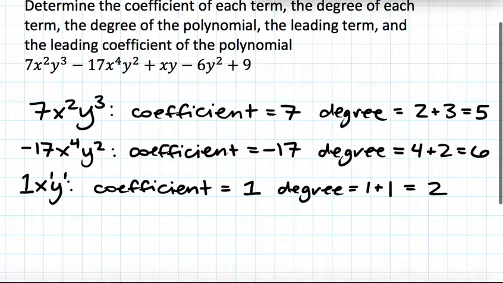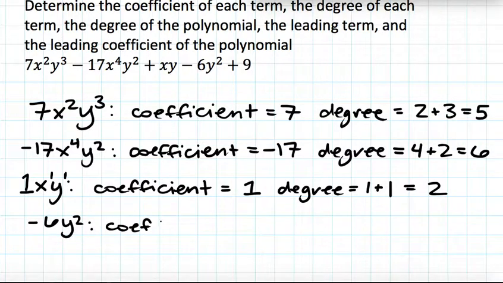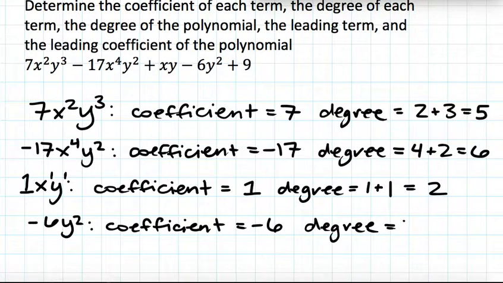Next term is negative 6y squared. Coefficient is negative 6. And degree, this one only has one variable, which is y. It's y squared, so my degree is 2. And then my last term here is 9.